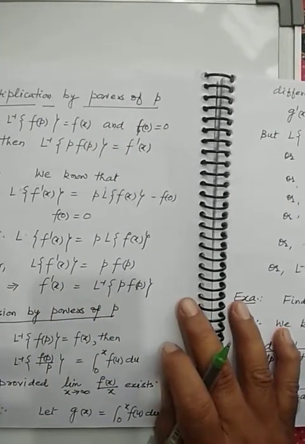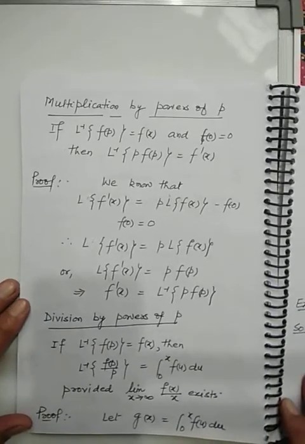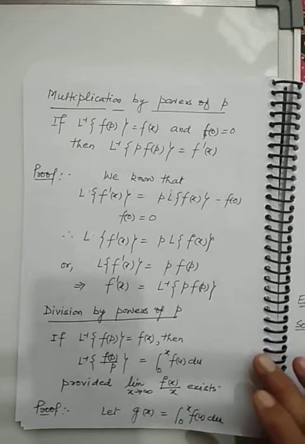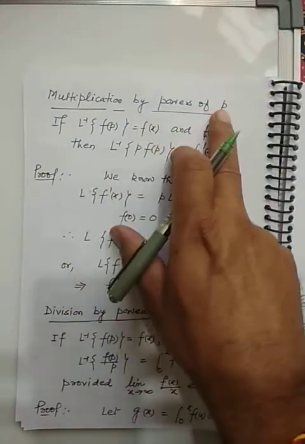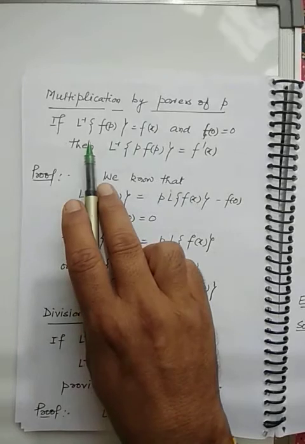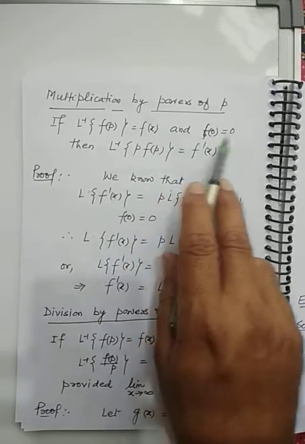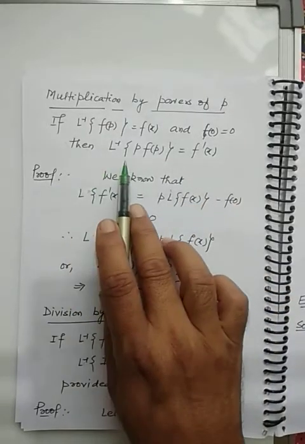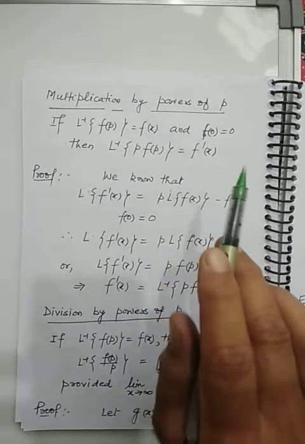Now we will discuss inverse Laplace transform of a function when it is multiplied by powers of p or divided by powers of p. Multiplication by powers of p: if inverse Laplace transform of F(p) is f(x) and f(0) is equal to 0, the function at x equal to 0 is 0, then inverse Laplace transform of p F(p) will be equal to f'(x).